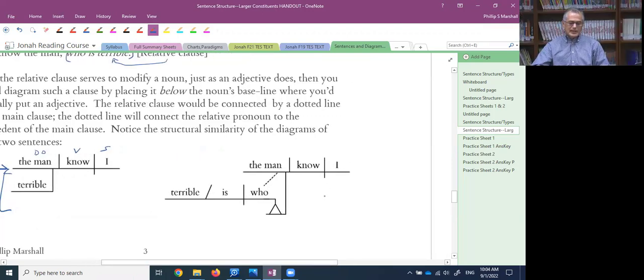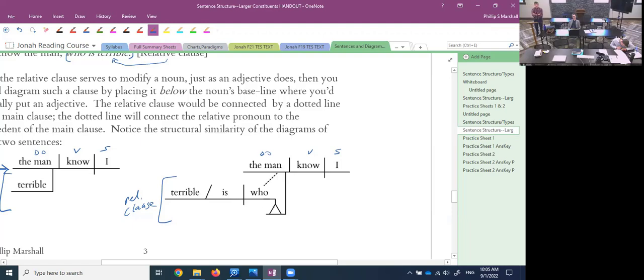Okay, now take a look here. I've got the same sentence structure, subject, verb, direct object, but notice this clause is the window dressing. It's a relative clause, but where's it hanging? It's hanging off of the man, the direct object slot, because it modifies the man, doesn't it?